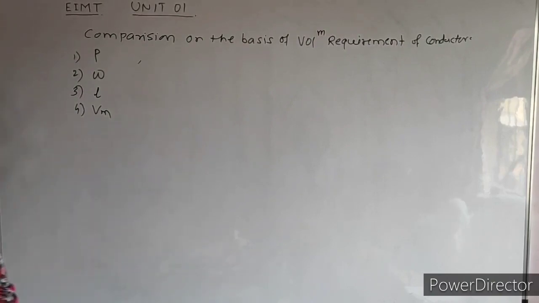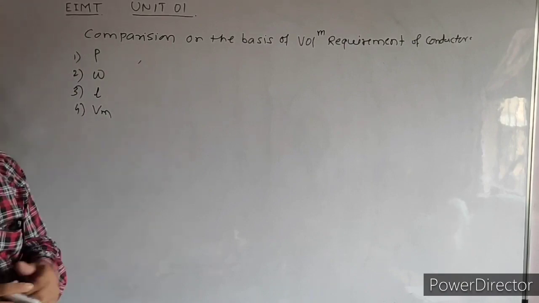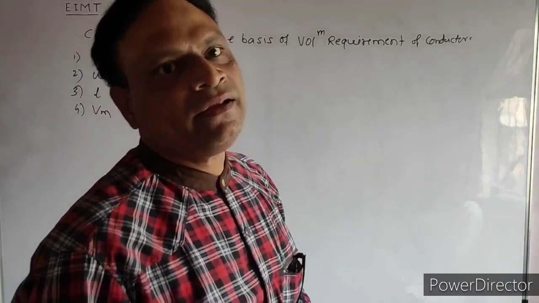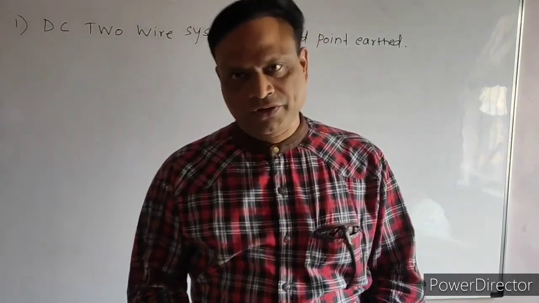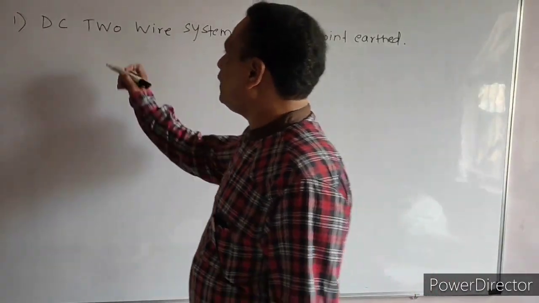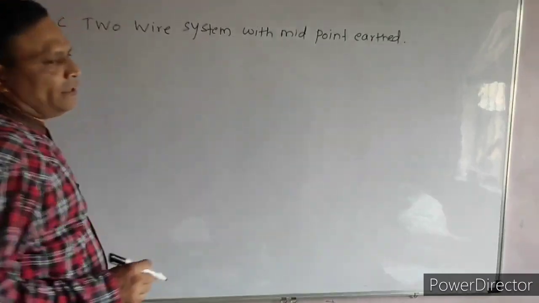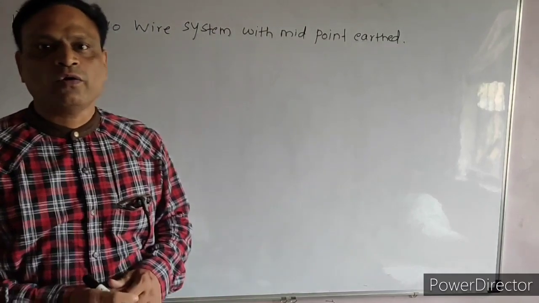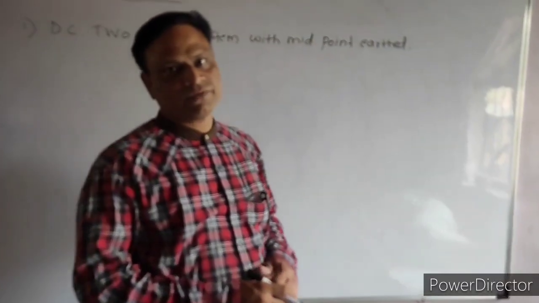But this voltage in case of DC it will be the maximum voltage, but in case of AC we are writing RMS voltage.